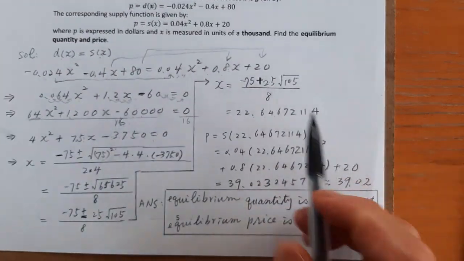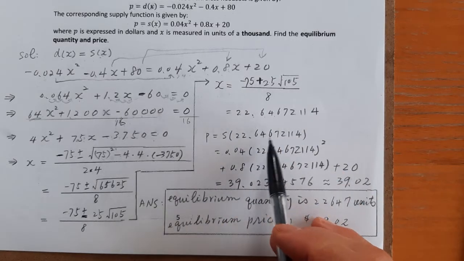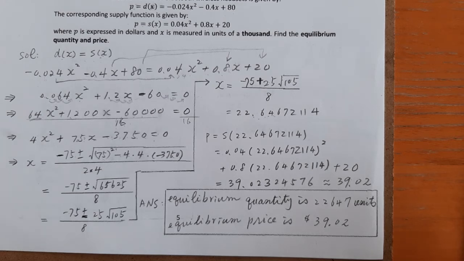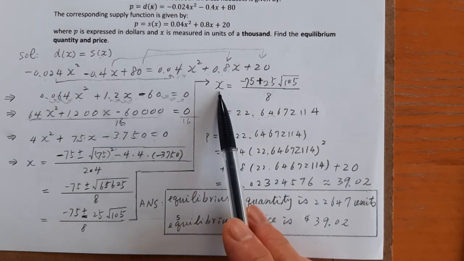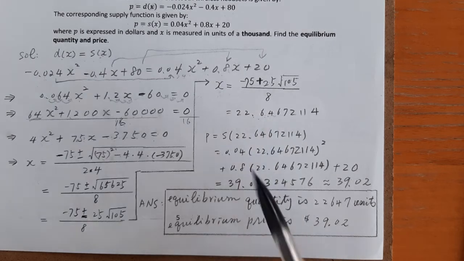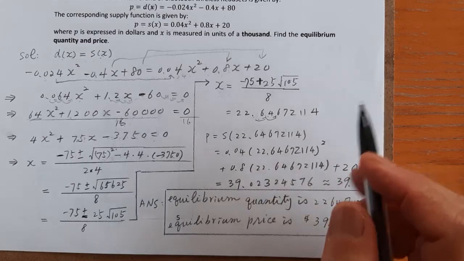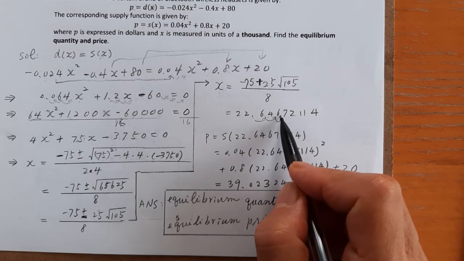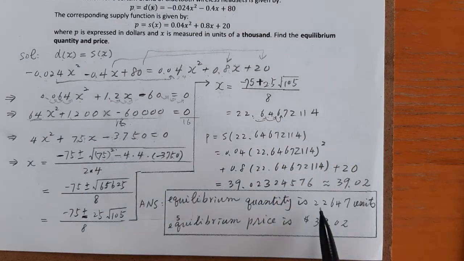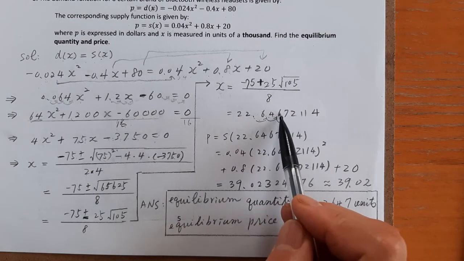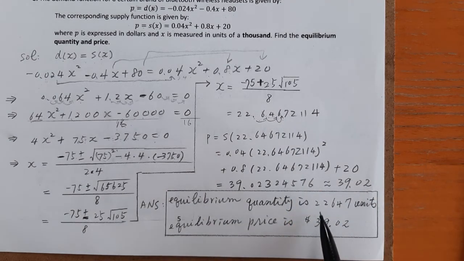Using the calculator, we figure out it is 22.64. Since x is in thousands, multiply by 1000, which means moving the decimal point to the right 3 positions, since 1000 has 3 zeros. We get 22646.7, rounded to 22647.